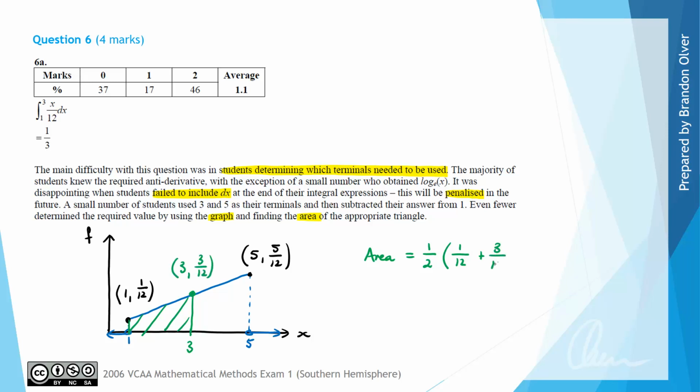So plus 3 on 12, and then we multiply it by the length of the trapezium, which is 2. So that area is equal to half times 4 on 12 times 2, which is 4 on 24 times 2, which is 8 on 24, which is the same as 1 divided by 3, which was found using the method of integration on the previous slide.